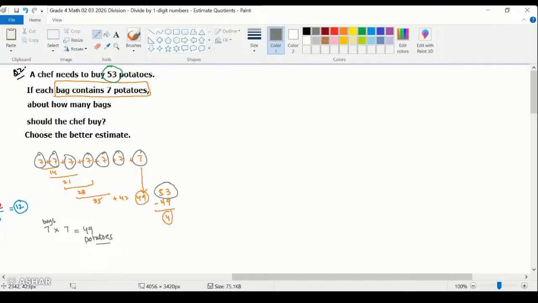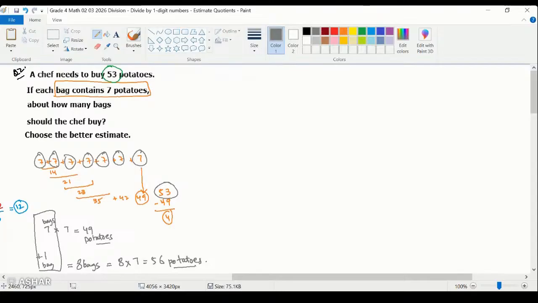That means he needs to buy one more bag. Plus 1 bag. That means the total bags he needs to buy is 8 bags. Agreed? That would mean 8 bags into 7. That is, now he has 56. He has to buy 56 potatoes because they come in bags, right?